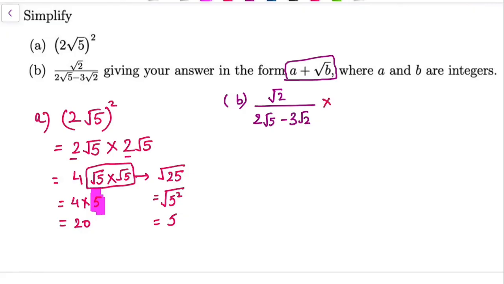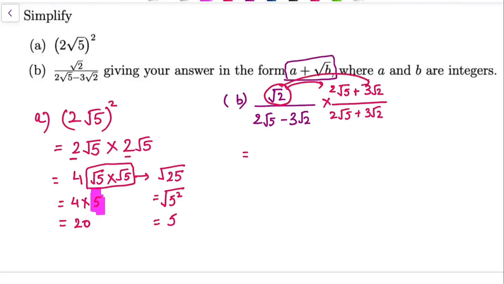So we will multiply and divide with the conjugate. So we have 2 square root 5 minus, so that minus will become plus because it is a conjugate, 3 square root 2 over 2 square root 5 plus 3 square root 2. Right, so in the numerator, this square root 2 needs to be multiplied with both the terms.